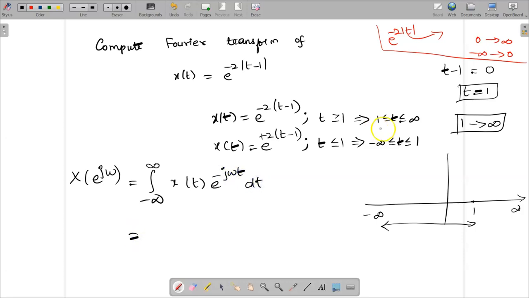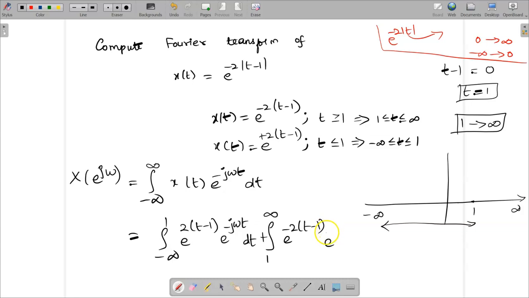Since the integration ranges in two ways, one from minus infinite to 1 and another from 1 to infinite, for minus infinite to 1 the value of x of t is e power plus 2 of t minus 1, multiplied by e power minus j omega t dt. Then plus, for 1 to infinite, the value of x of t is e power minus 2 of t minus 1 into e power minus j omega t dt.